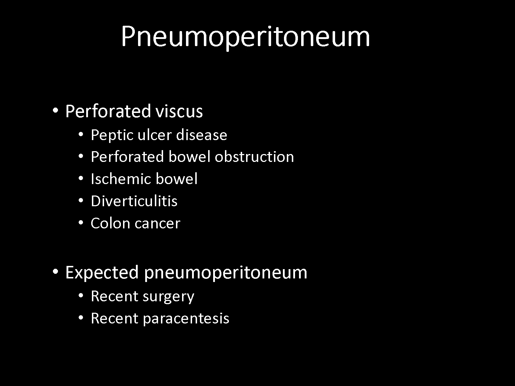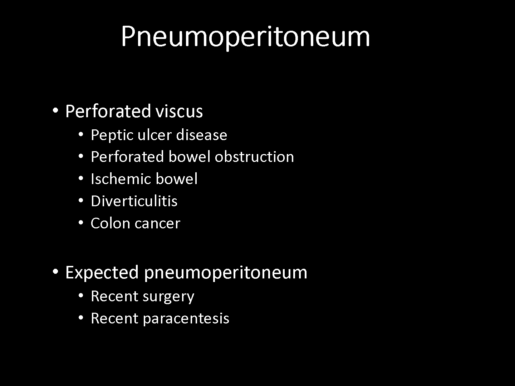The pressure has built up so much that the bowel has now become ischemic, necrotic, and developed a perforation and now has gas leaking into the abdomen. An ischemic bowel, for the same reasons, developing a perforation. Diverticulitis, where the inflammation has become so bad that the bowel is perforated. And colon cancer, where cancer has just eroded through the bowel wall and caused a perforation.